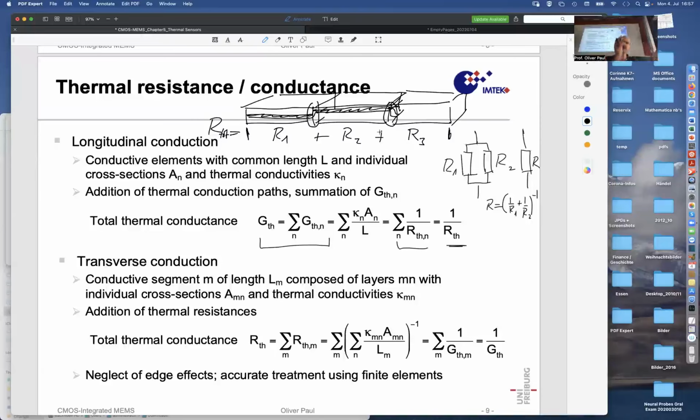I would say it's well described by these long extended homogeneous structures. Then we can just say the total thermal resistance is equal to the sum of the individual thermal resistances. And how do we calculate these thermal resistances? Of course, that is just 1 over kappa.